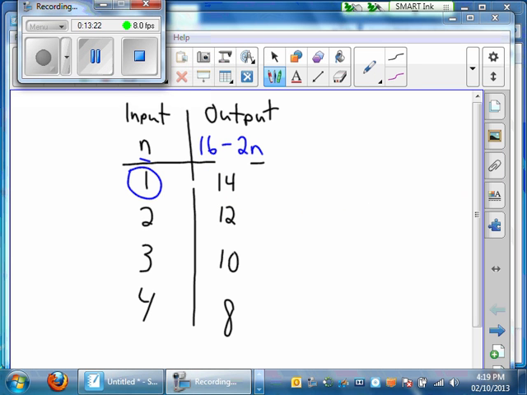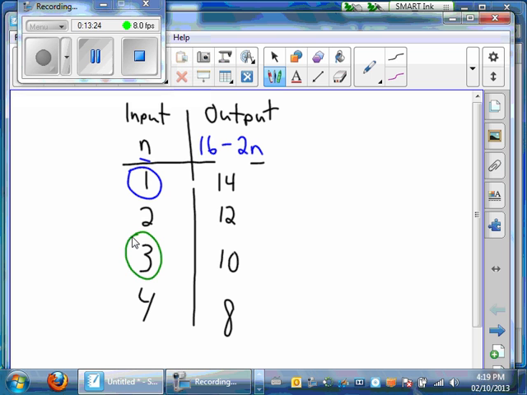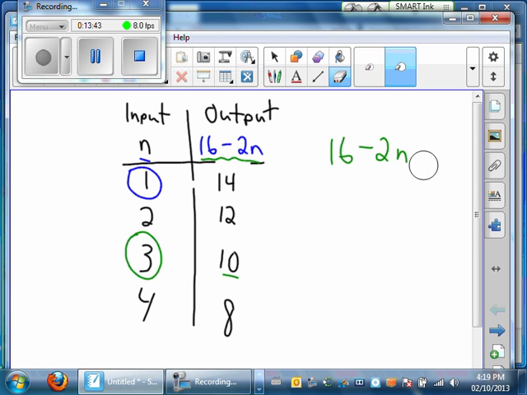All right, let's start by selecting the number 3. We're going to take our expression, 16 minus 2n, and plug in the number 3 for n and see if it comes out to 10. Fair enough. We take 16, subtract 2 times a number, and see if that in fact equals 10.